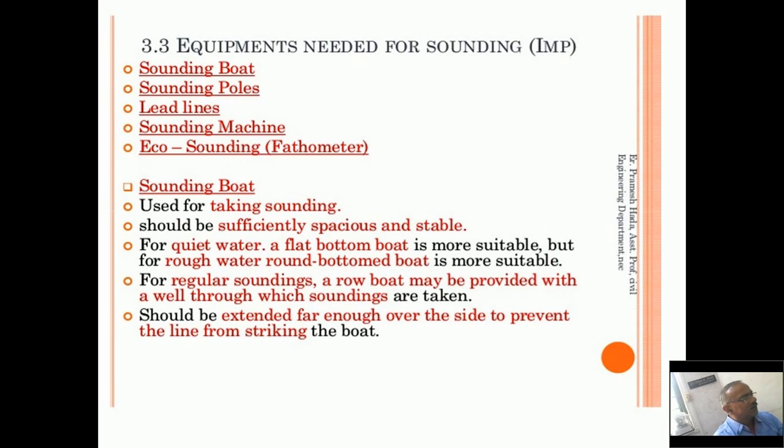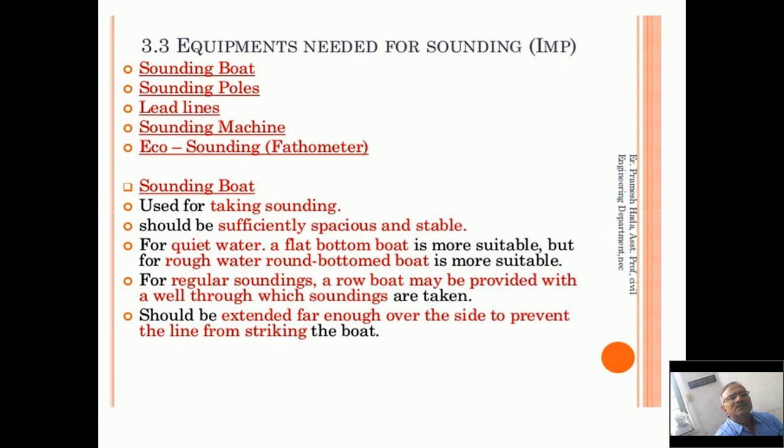For most of the engineering works, the soundings are taken from a small boat, and to record the depth we need the sounding boat, sounding poles or sounding rods, then the lead lines, sounding machines, and advanced instruments like the echo sounder or the fathometer can be used for the sounding.